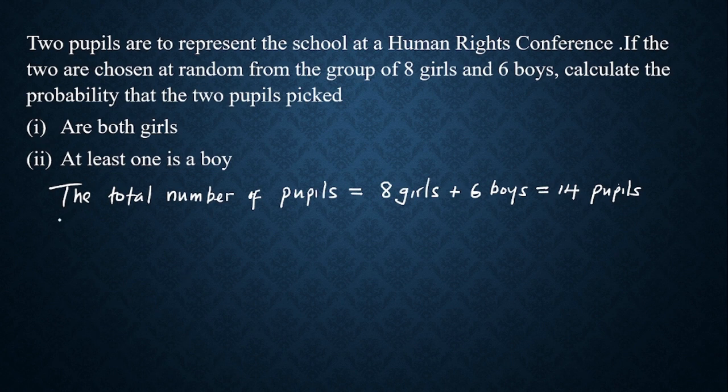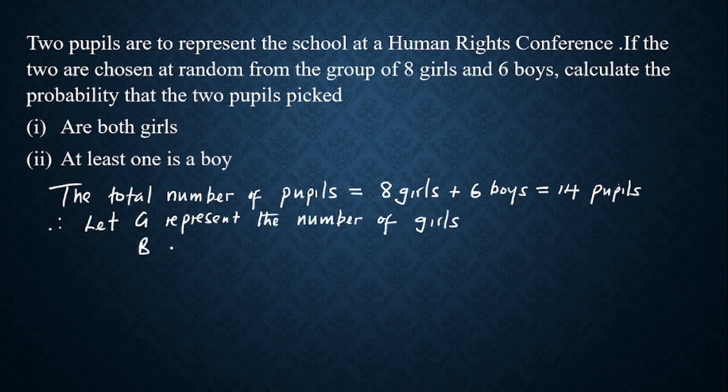Therefore we shall say that let G represent the number of girls, and B represent the number of boys.